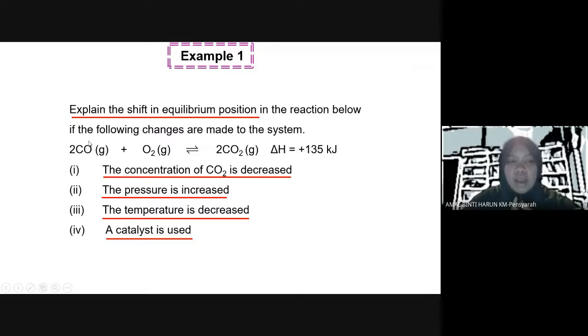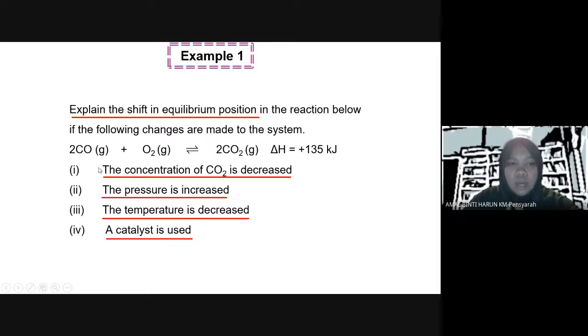For example, we have 2 CO gas react with oxygen producing carbon dioxide and it is positive. It is endothermic. So nampak positif, cepat-cepat tulis heat dekat sebelah reaktan. Maksudnya kawasan kiri kawasan reaktan panas.